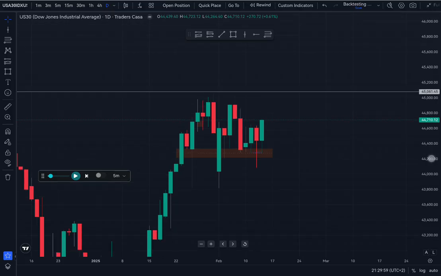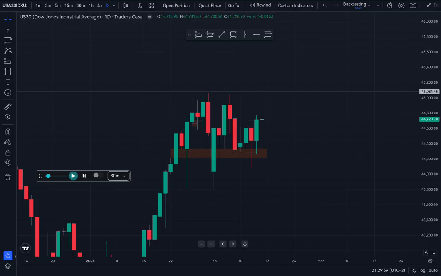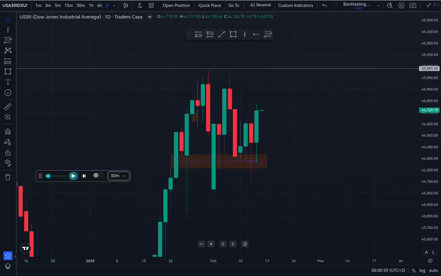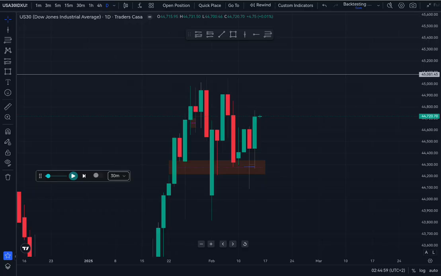It's still looking exactly like that. I want to see how the candle for this day closes at midnight and see if we can get a continuation to the upside the following day. Yes, good. So we are still bullish. We're still looking for price to keep going up into these highs over there.